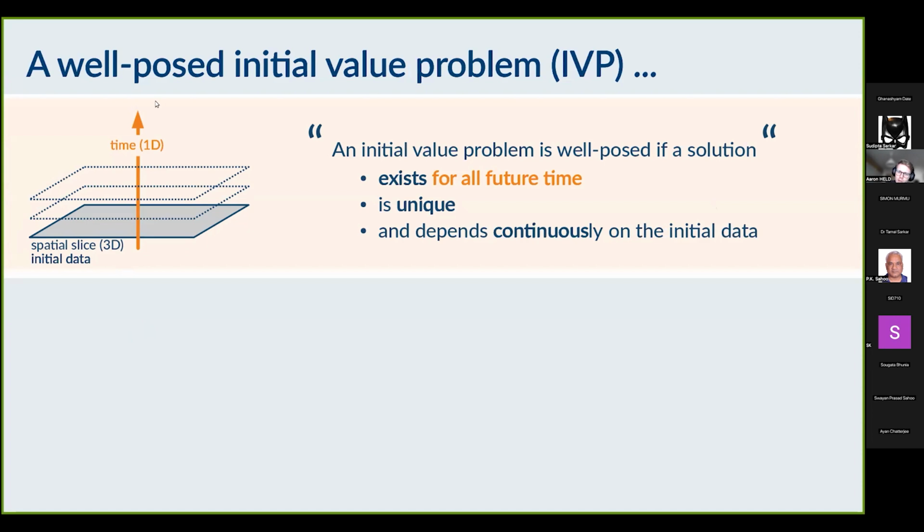Then the initial value problem is well posed if that solution exists for all future time, is unique, and depends continuously on the initial data. I put here for all future time, which means that I'm looking for global well-posedness. If I'm just thinking of a small epsilon in future time, then I'm thinking of local well-posedness.